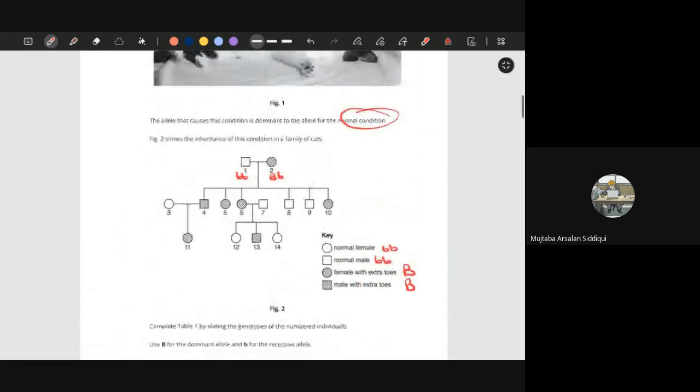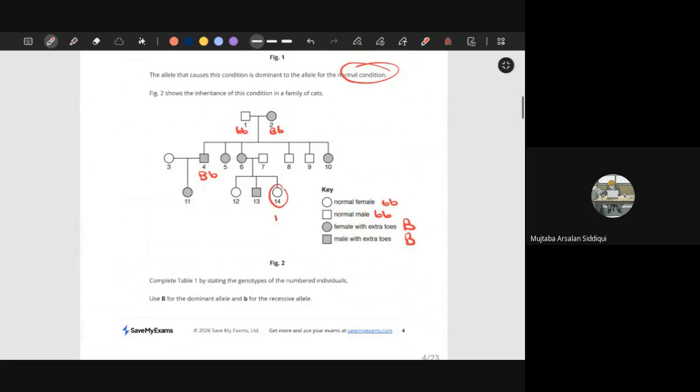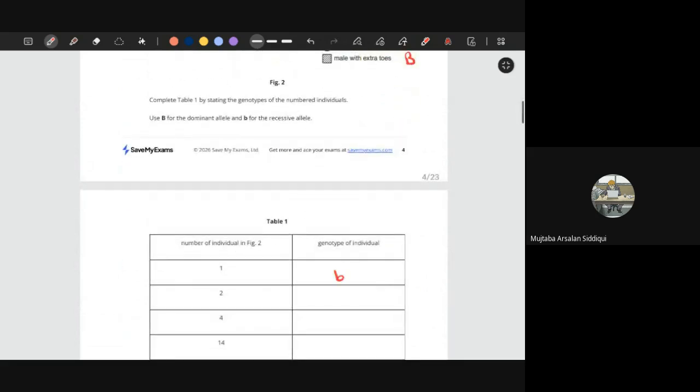Now four. Four is this one. So this one will be having another heterozygous dominant gene, right? And then you have 14. 14 is this one. So she will be again homozygous recessive. So BB, BB, BB, small b, and small b.